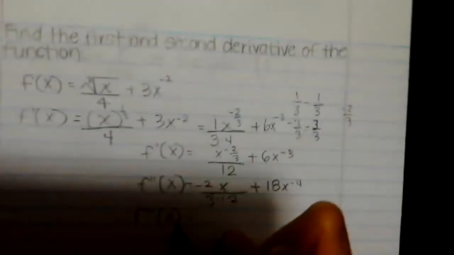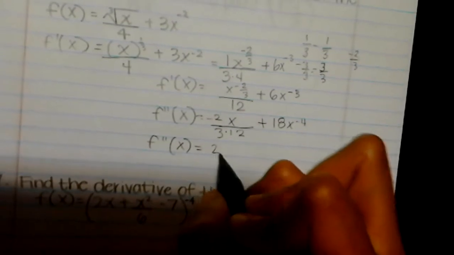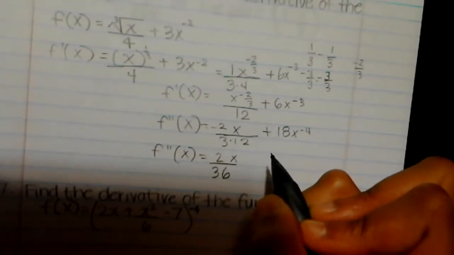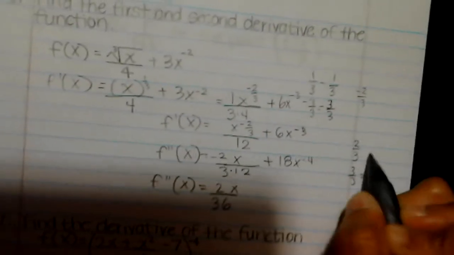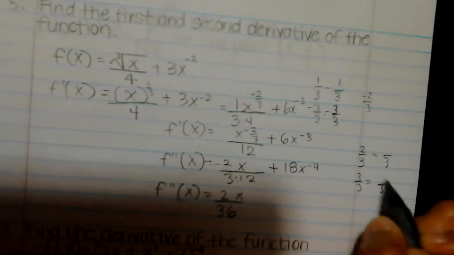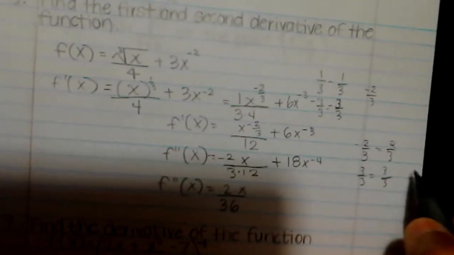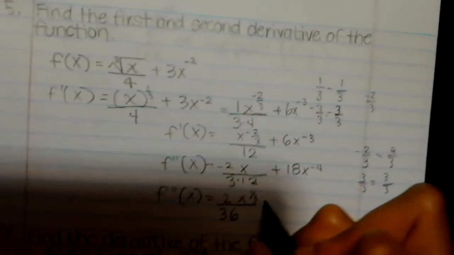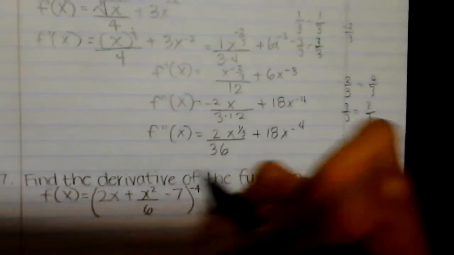And I will reduce this, which would be 2/36, x to the negative 5/3, plus 18x to the -4th.